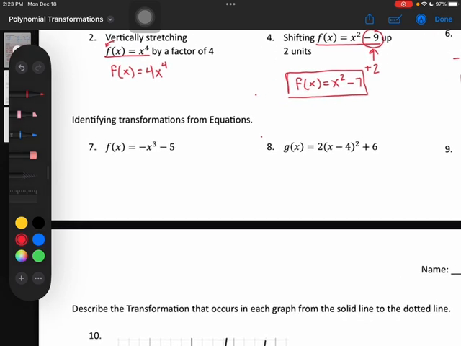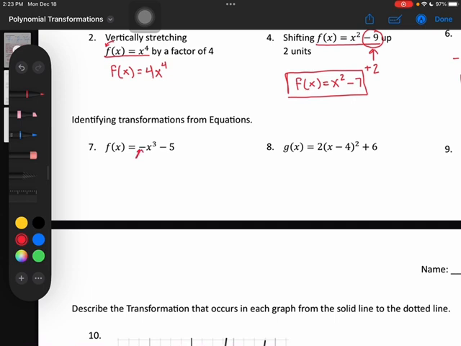And here, we want to identify transformations from the equations. So we're going to use a little verbal description here just to label what we see. So I know that this is a cubic parent function. That doesn't really change the transformation process, but it's a good thing to practice noticing. So let's look at this negative that's in front.